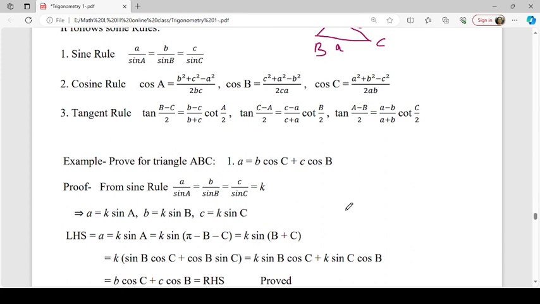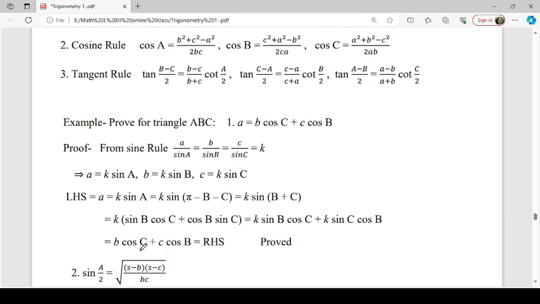So these are the proofs. A is equal to B cos C plus C cos B. Because this is given by the sine rule, this is K, we are replacing this, so it is the sine of B plus C formula.